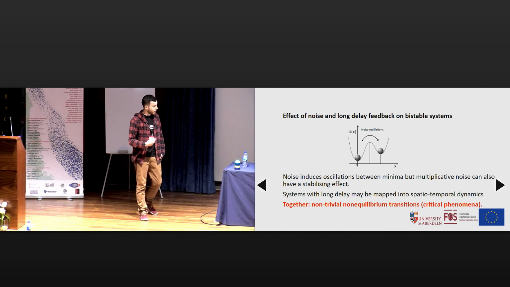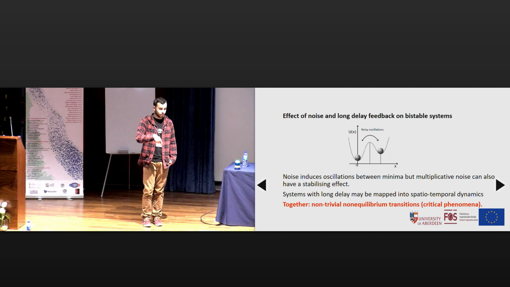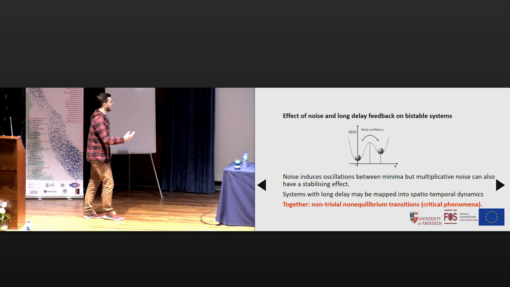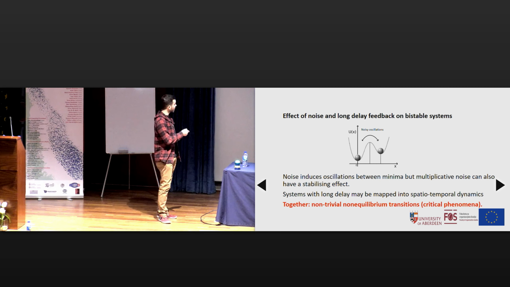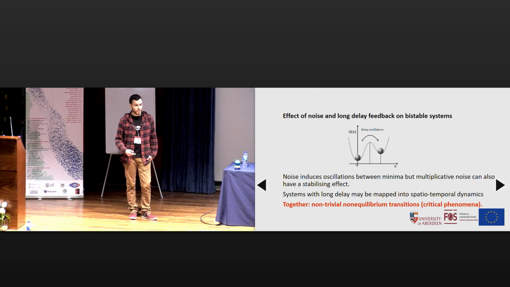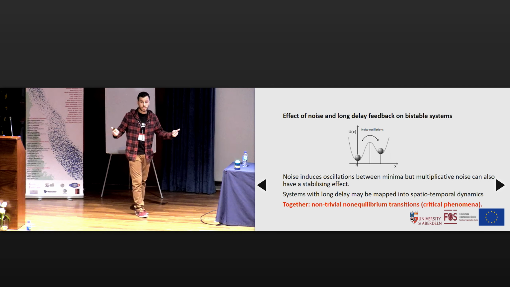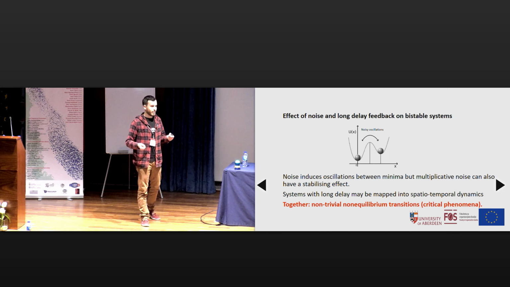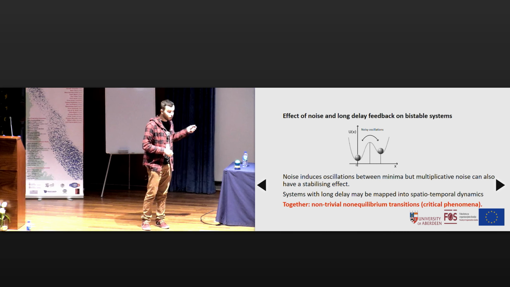But if you are sitting in the lowest minimum and your noise is multiplicative, or just a noise which goes to zero exactly in the lowest minimum, it means the noise acts everywhere in the system but not in the lowest minimum. So you have a noisy system, but it's not noisy at all in the lowest minimum.